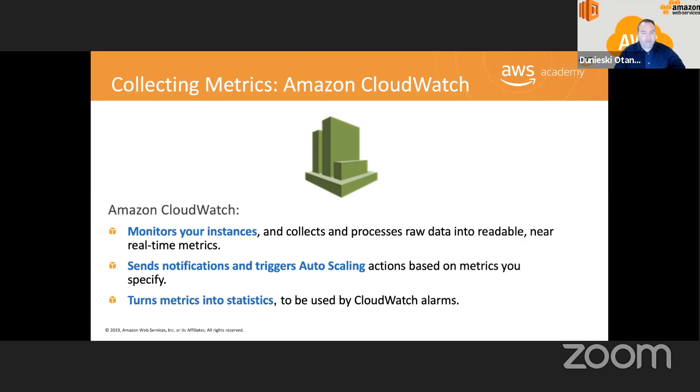It sends notifications and triggers auto-scaling actions based on metrics you specify. It turns metrics into statistics to be used by CloudWatch alarms. So you can create alarms in CloudWatch that will trigger auto-scaling, okay? And we're going to see an example of this today.